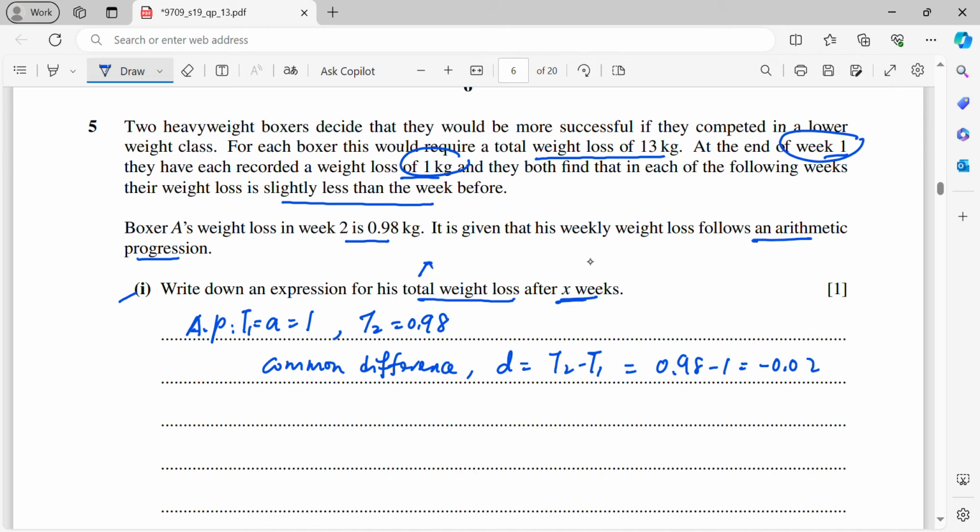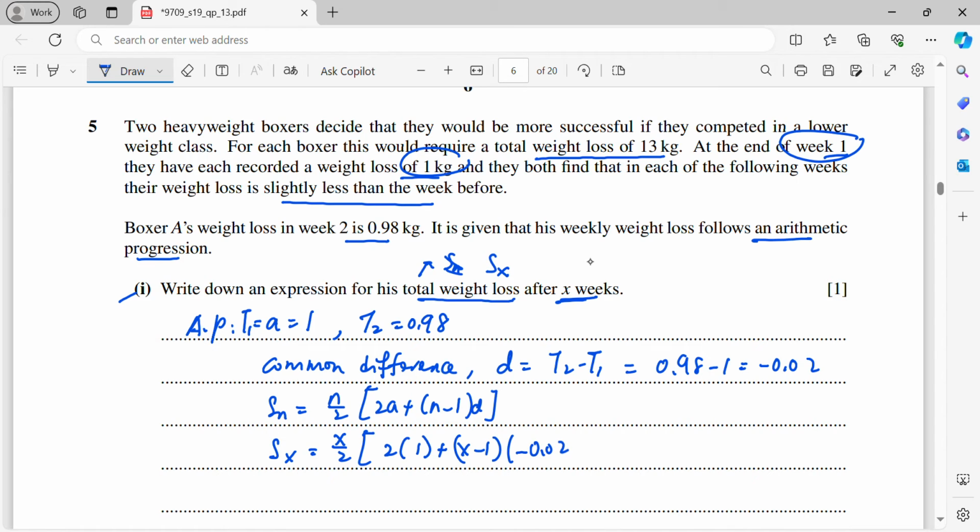Now you need to get the total. Total is the sum after x weeks, so you are getting S(x). Our formula S(n) is n over 2, 2a plus n minus 1 times d. So now S(x) will be x over 2, 2a, where a is 1, then n is x, and d is negative 0.02.